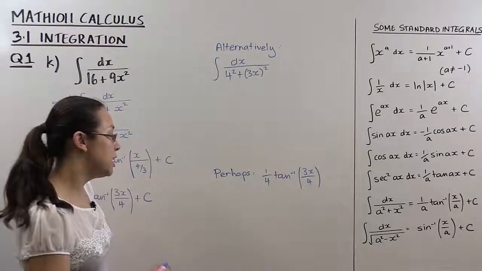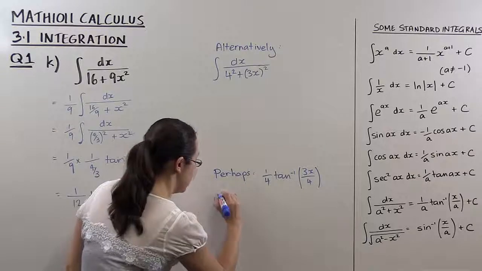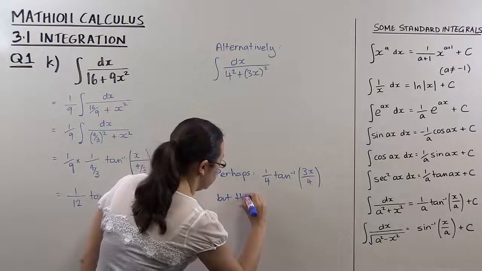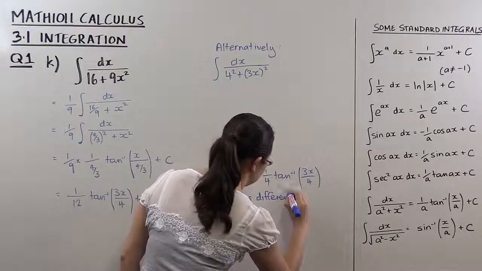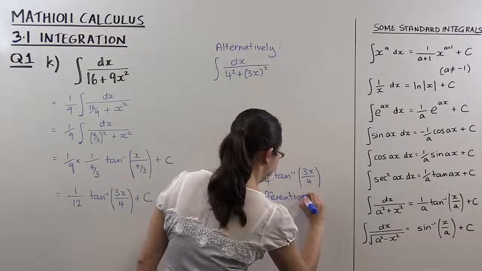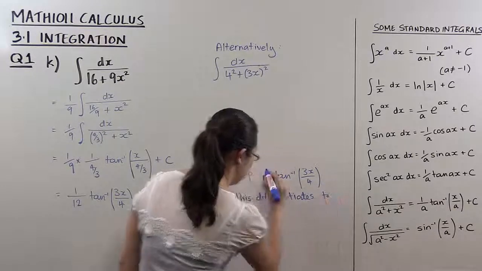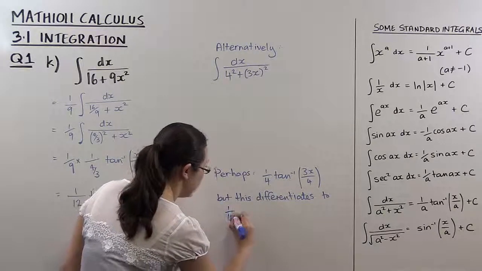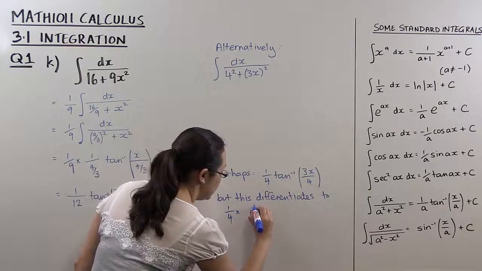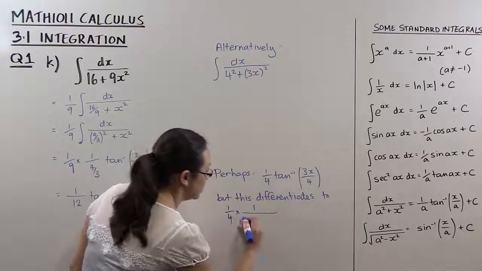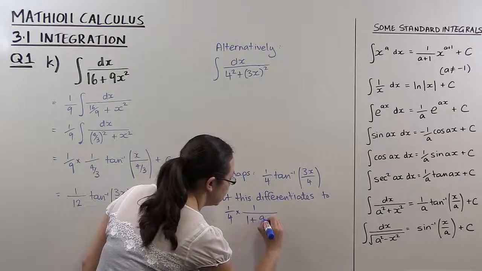If we wanted to check that, we would differentiate it. I have to do a little bit of work. This a quarter is going to stay here. Inverse tan of something differentiates to 1 on 1 plus that squared.